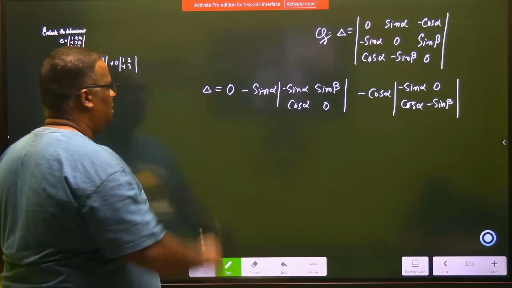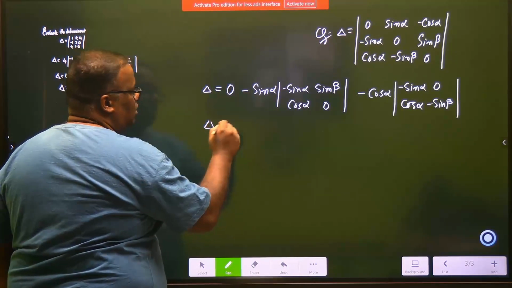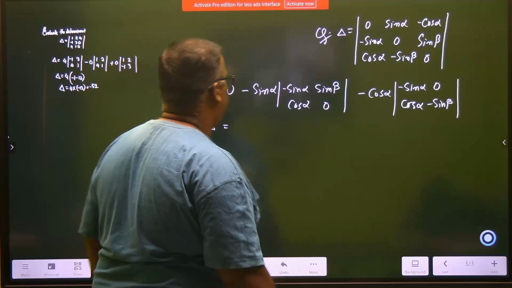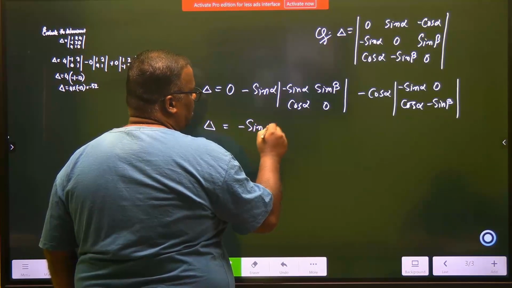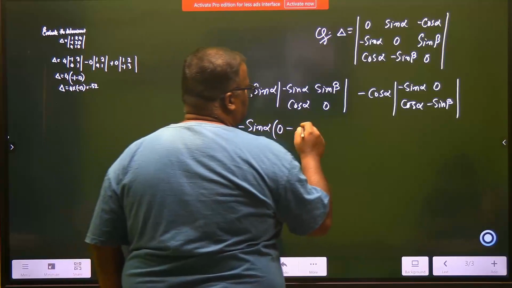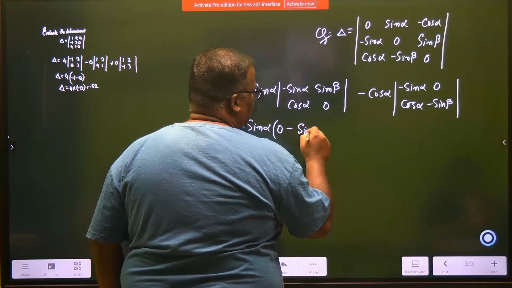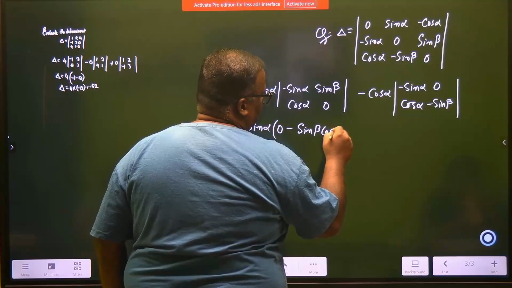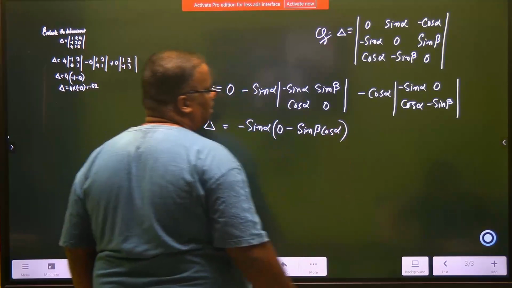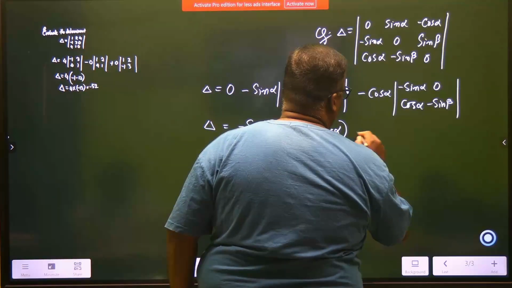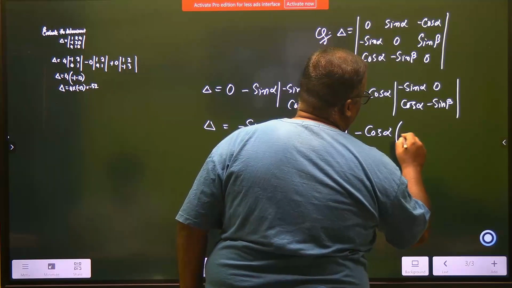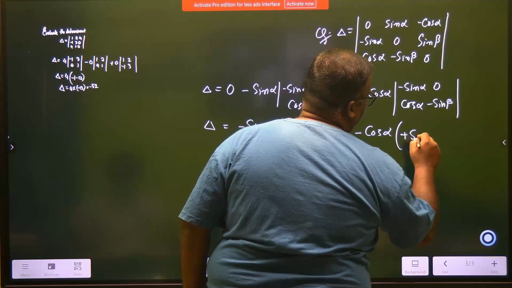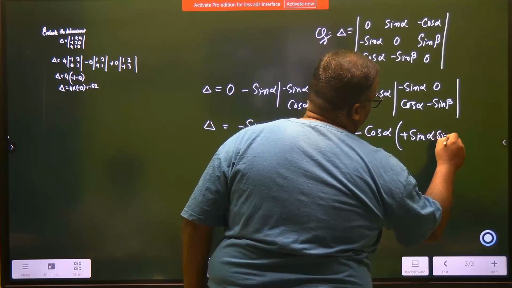So determinant now equals to, well, let's see this. This is negative sine alpha, which will be a 0 minus sine beta cos alpha. And here we will have negative cos alpha, and it will be sine alpha sine beta.